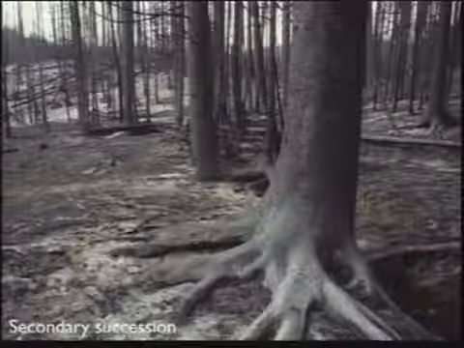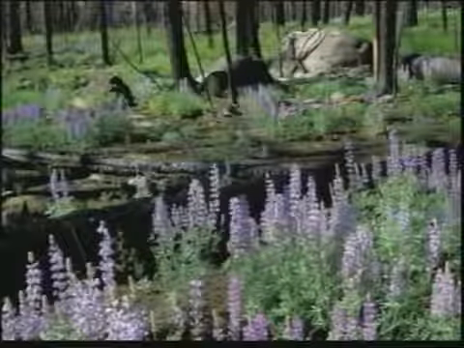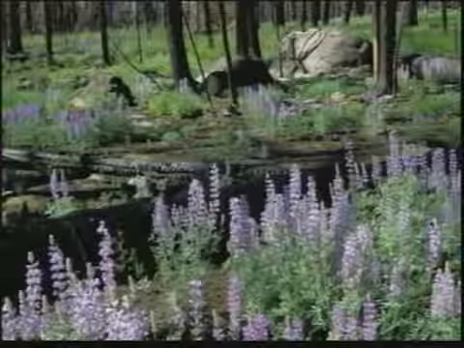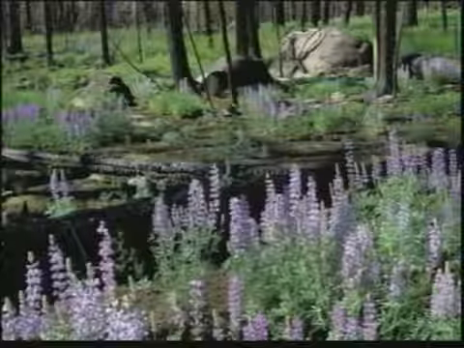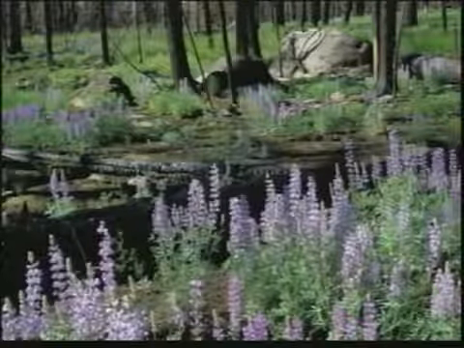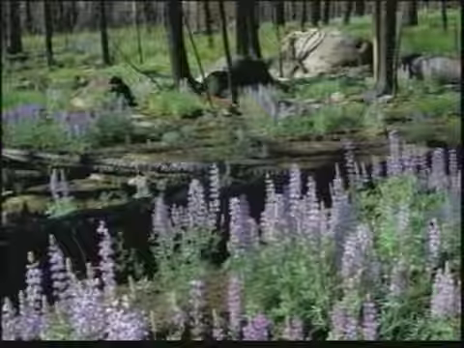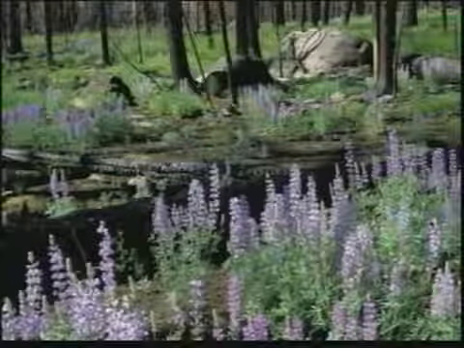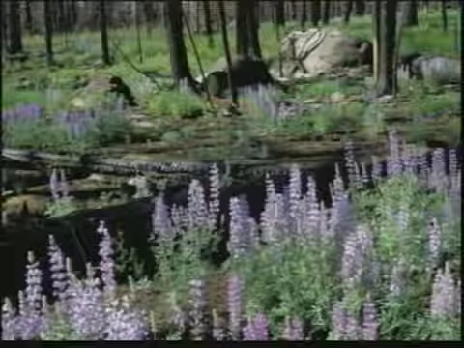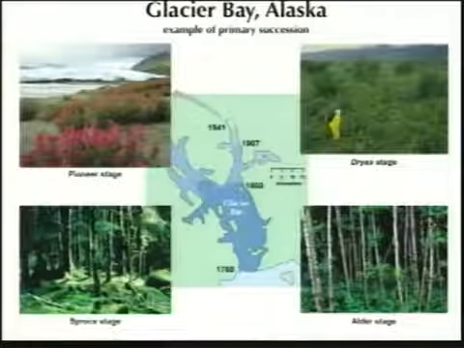You're not talking about a sterilized environment. And here, that's just a year later after that fire. It's primarily the flowers that you're seeing here, but there's a lot of green vegetation coming back, and some leafy vegetation you can see in the distance. So the secondary succession process often unfolds much more rapidly, all things being equal.